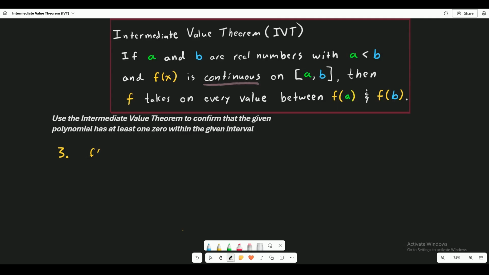f of x is equal to negative x to the 4th power plus 4. And the interval we're given is from 1 to 3.